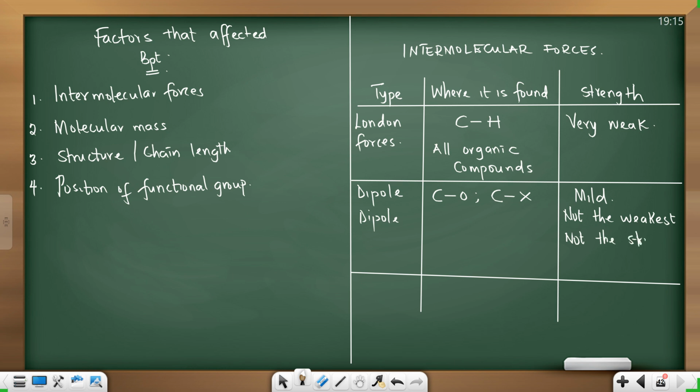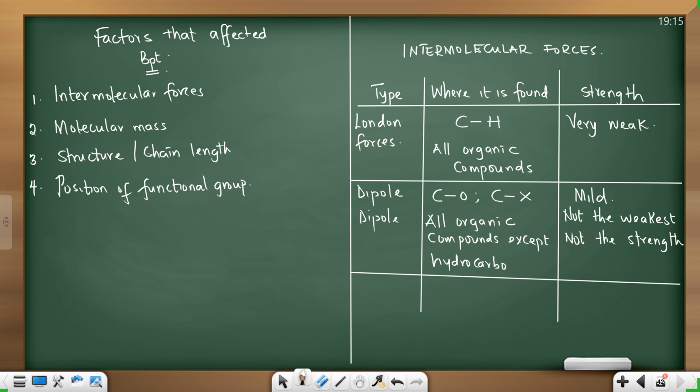Where do you think we are going to find carbon connecting with oxygen or carbon connecting with halogen? All organic compounds except hydrocarbons.